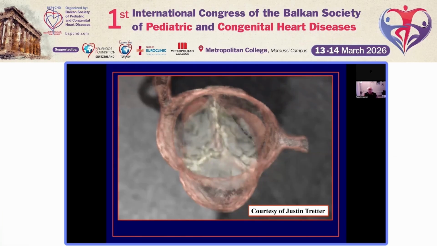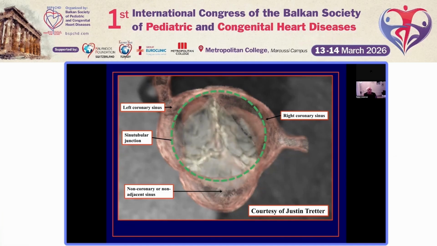We can see that particularly well when we look down upon the aortic root, this time in a computed tomogram prepared for me by my other good friend and colleague, Justin Tretter. There you see the sinutubular junction, and it is relatively circular, and it's made up of the left coronary sinus, the right coronary sinus, and to the bottom, the non-coronary or the non-adjacent sinus.